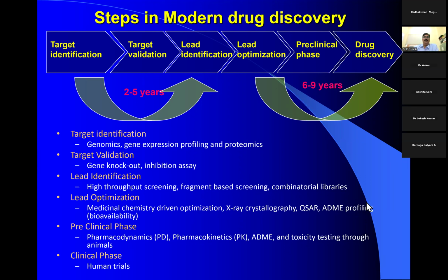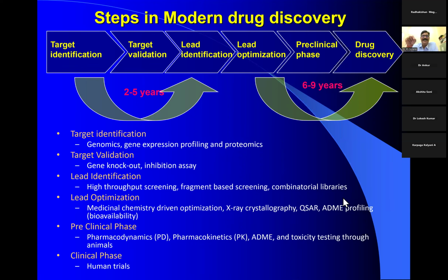Then in the preclinical phase, before human trials, the drug is tested extensively in the lab and in animals. The preclinical phase measures the pharmacodynamics, or what the drug does to our body, and the pharmacokinetics, or what our body does to the drug.